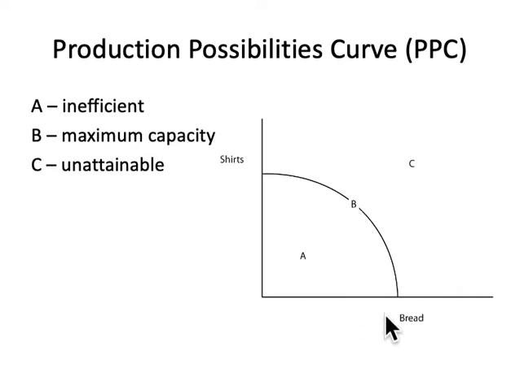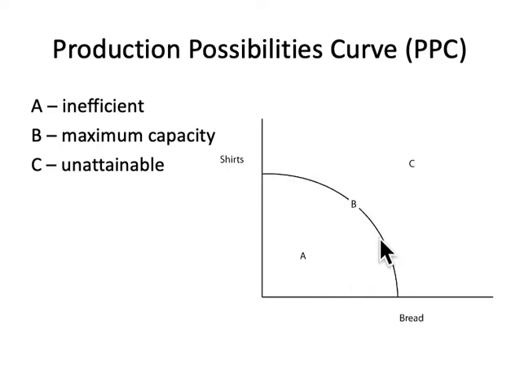Okay? So if we have bread, and so we went down this line, B, this could be 10 loaves of bread right here. Okay? And if this is 10 loaves of bread, and hits the line, this could be 15 shirts. Okay? So in this scenario, if you produce at level B, our economy could produce 10 bread and 15 shirts.